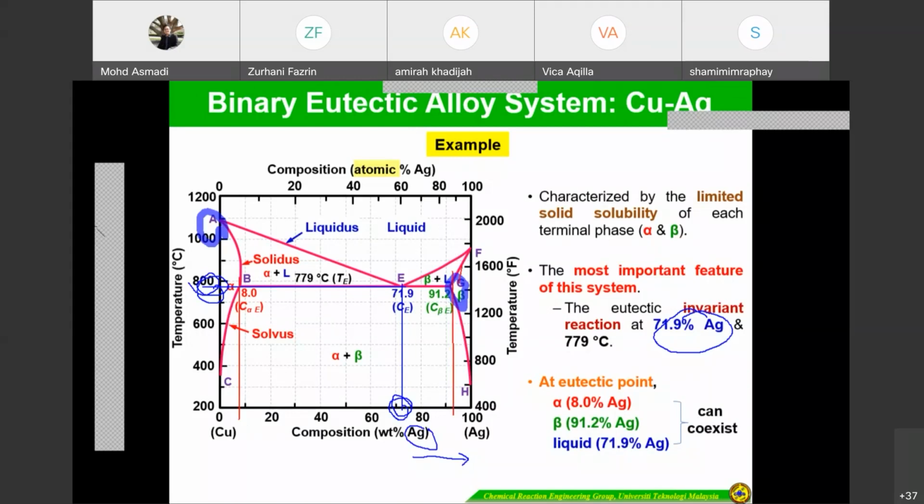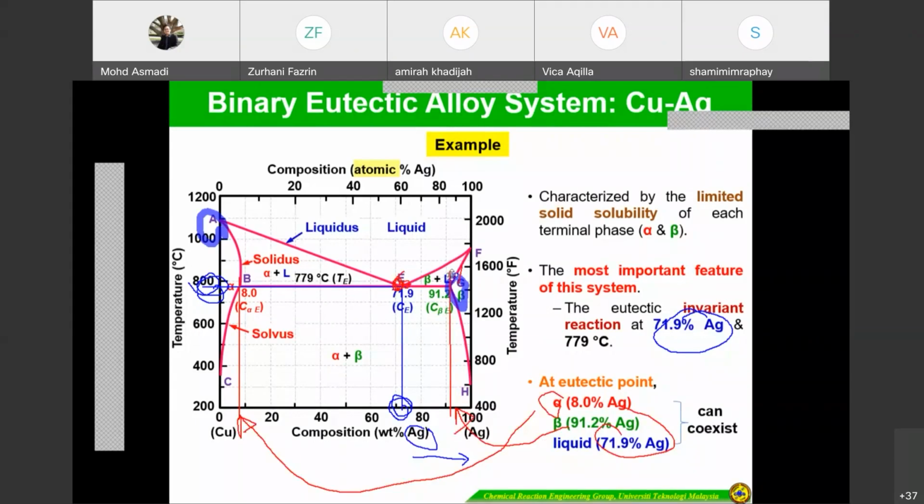If you look here, this is alpha, and another one, 91.2, is here. And liquid is here. This is liquid, at the eutectic point.